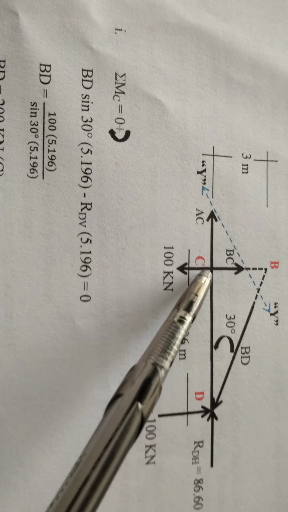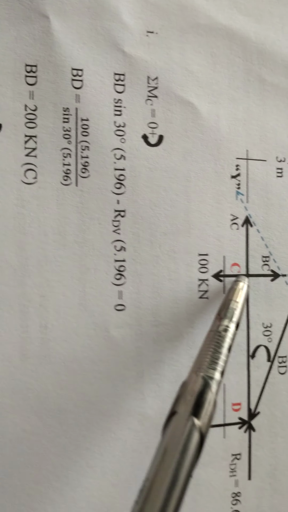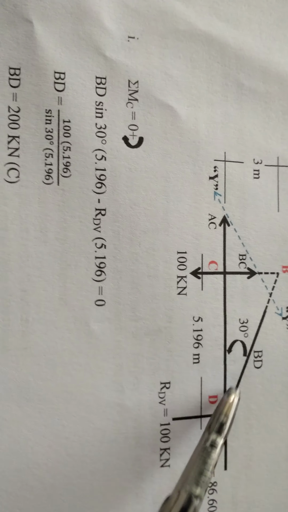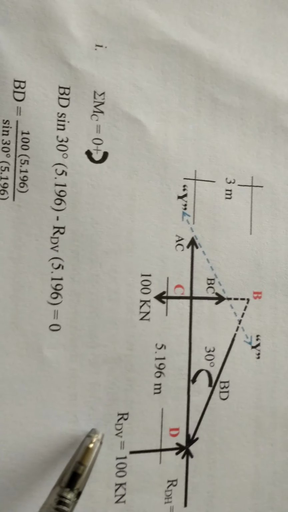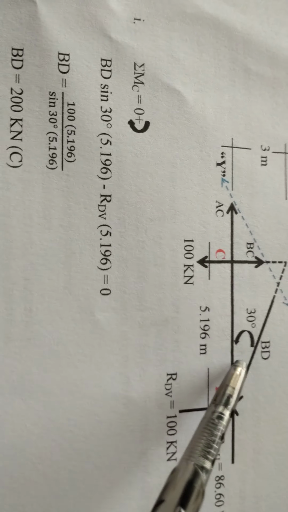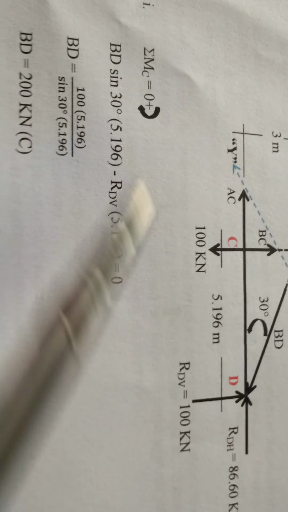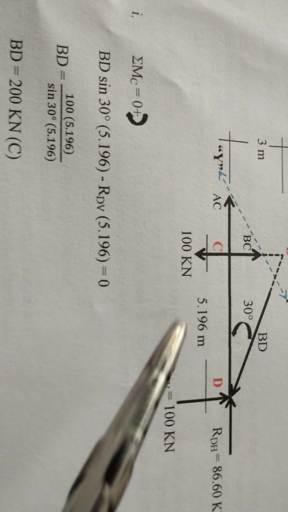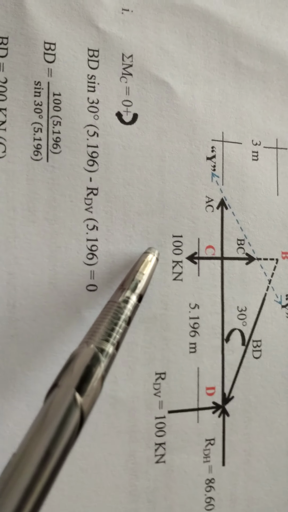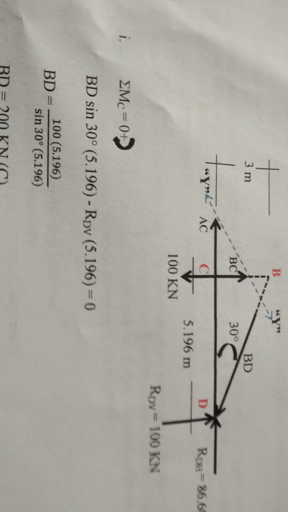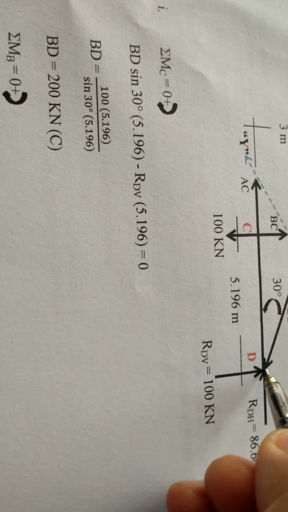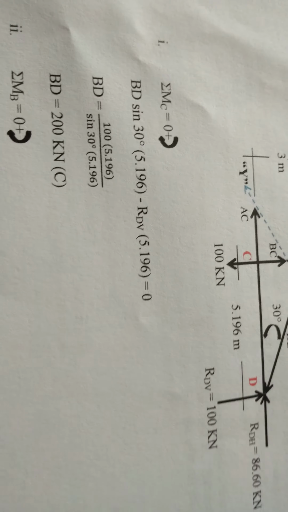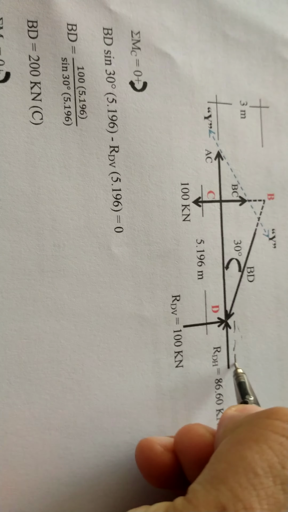If you take moments at C, the BD vertical component will be considered, so sine 30 degrees. If you draw the imaginary components of BD, this is how our BD looks.